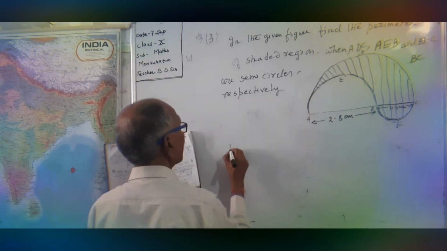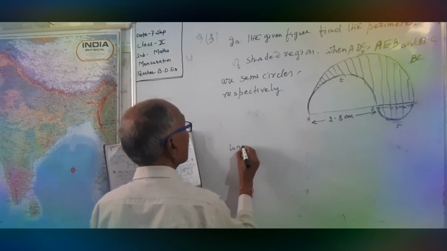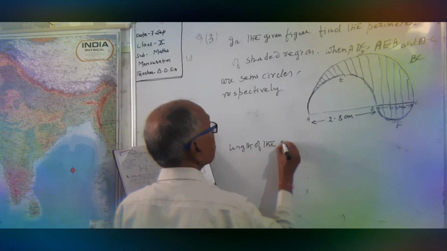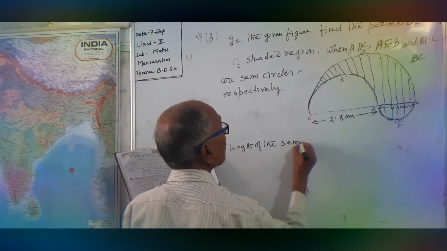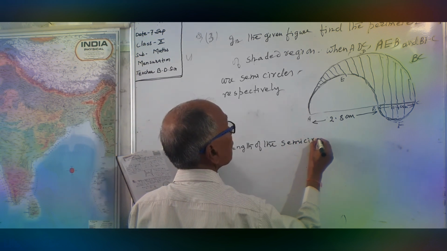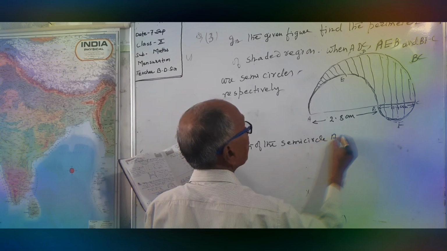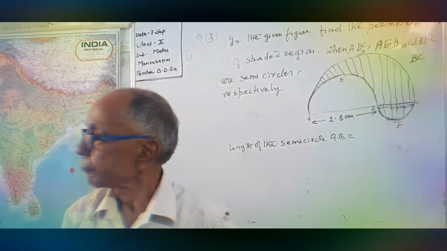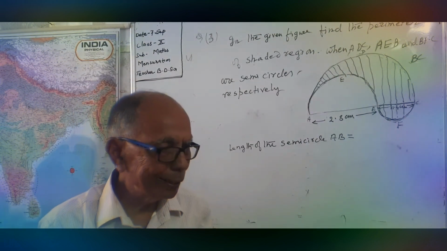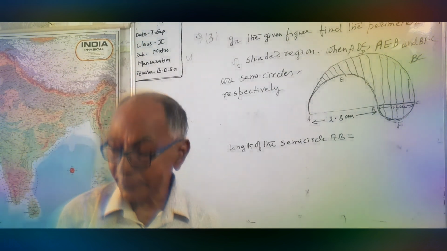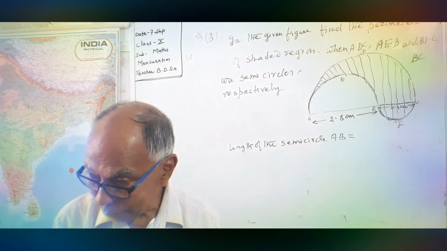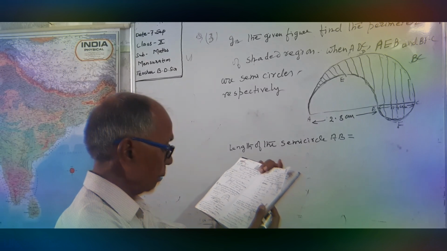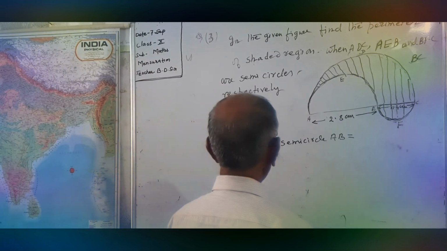Length of the semicircle AEB is equal to, you know that circumference of the circle is equal to 2 pi r, but it is a semicircle, so 2 pi r by 2, that is pi r.